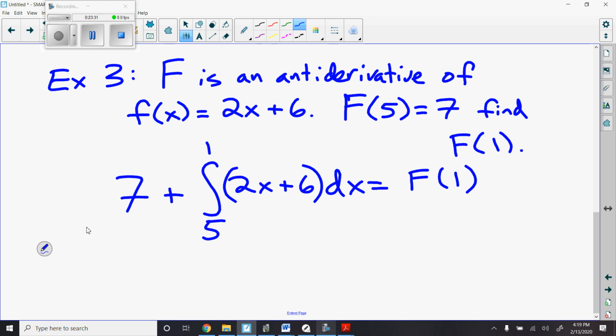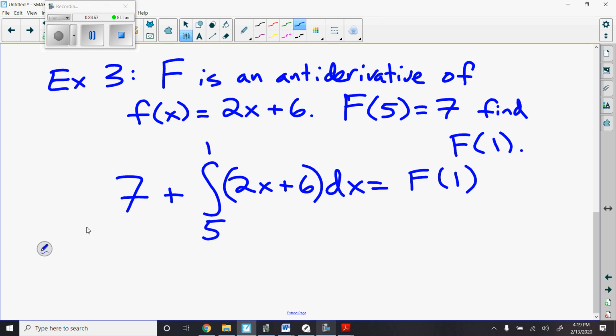Now, I can go through and solve this thing exactly the way it is right now, or if it bugs you to see the 1 on top and the 5 on the bottom, you can switch those two numbers. But what would you have to do if you switched them? Well, you're going to have to change that plus in front to a minus. Okay? I'm just going to keep it as a plus and solve it out, right?